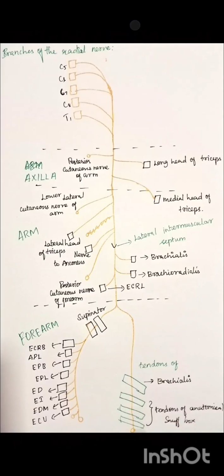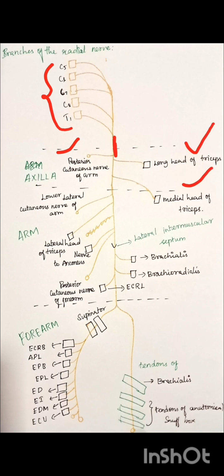As we know, it arises from the roots C5, C6, C7, C8, and T1, and as it enters the axilla first, it gives three branches. What are the three branches of the radial nerve in the axilla? They are the posterior cutaneous nerve of the arm, the long head of triceps, and the medial head of triceps.